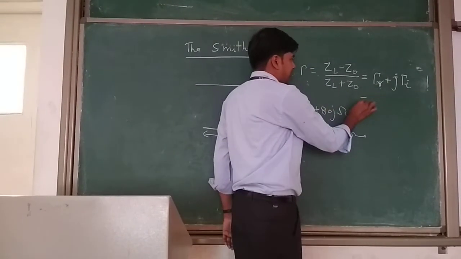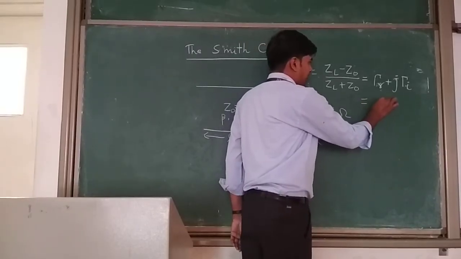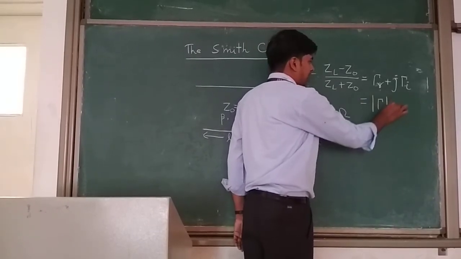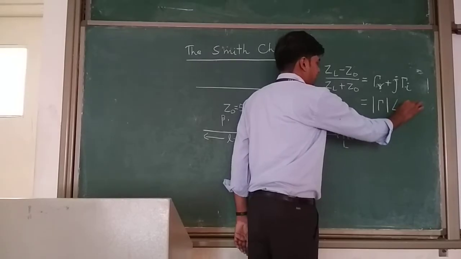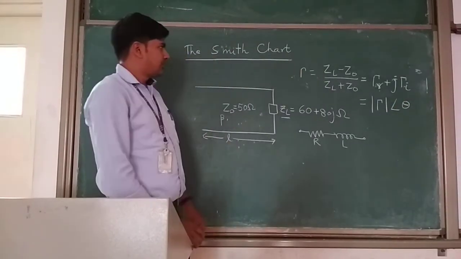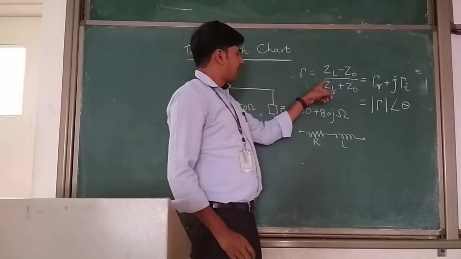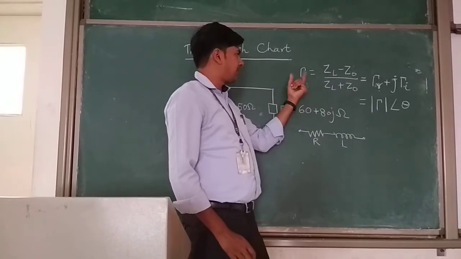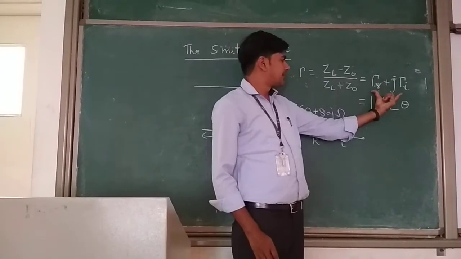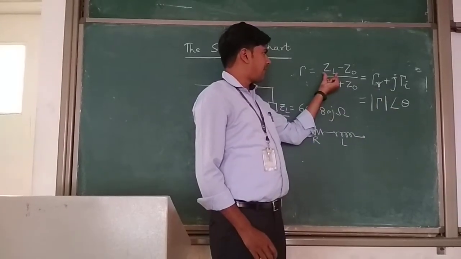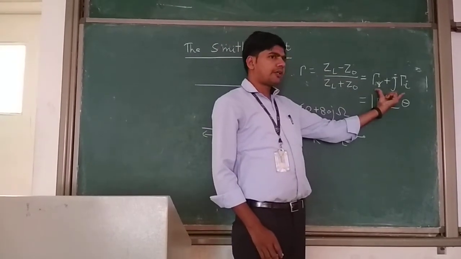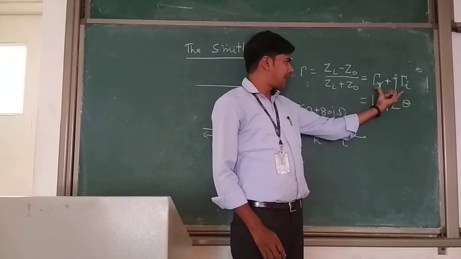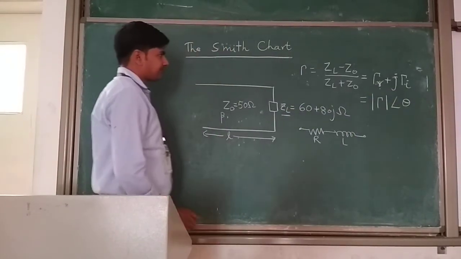This can also be represented in polar form as magnitude of gamma, angle theta. So what we can observe here is, for every value of load, there is one reflection coefficient involved, and if the load is a complex number, this will also be a complex number.